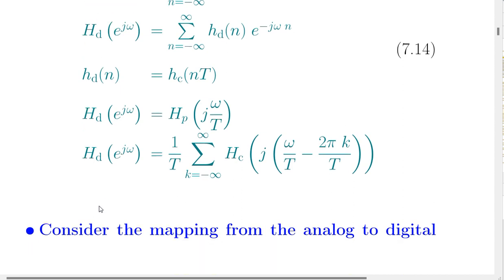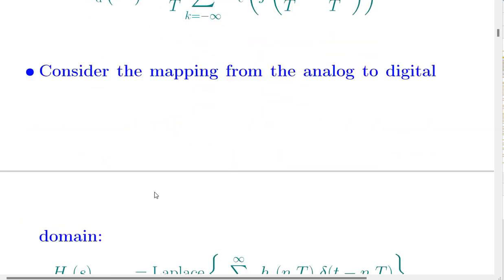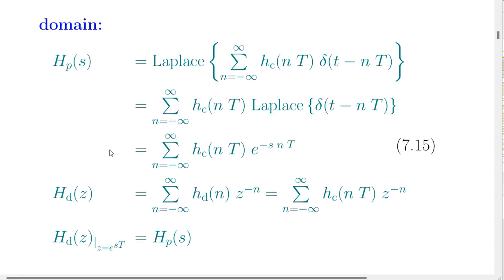Now, what's the mapping? Consider the mapping from the analog to the digital domain. It's very important. H_p(s) is equal to the Laplace transform of the summation of h_c(nT_s) times delta(t - nT_s), which will lead to the sum over n from minus infinity to plus infinity of h_c(nT_s) times the Laplace transform of delta(t) and its shifted versions.